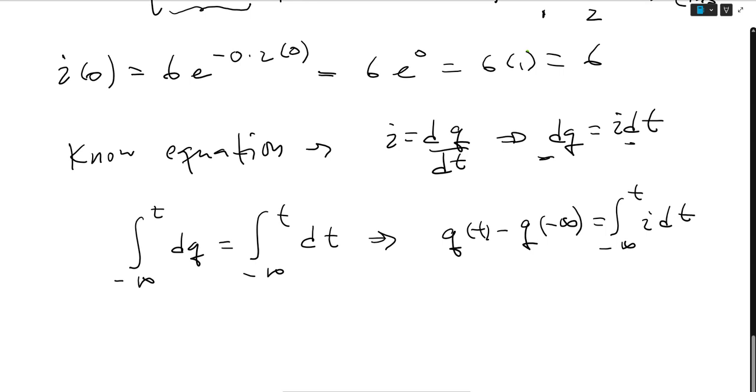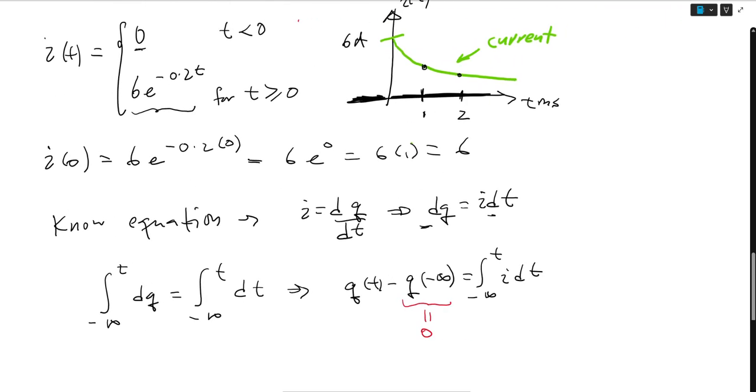We can note that q of negative infinity is equal to 0, simply because at times going to negative infinity, there's no current flowing. So that means there's no charge flowing as well. So that's equal to 0.